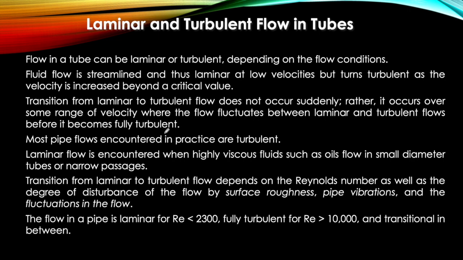Yes, turbulent flow will start at 4000, but to become fully turbulent flow, the Reynolds number must be beyond 10,000. You have to remember, to become fully turbulent flow, the Reynolds number must be greater than 10,000. If you calculate your question's Reynolds number and you get 11,000, then you will assume that the flow is fully turbulent flow.